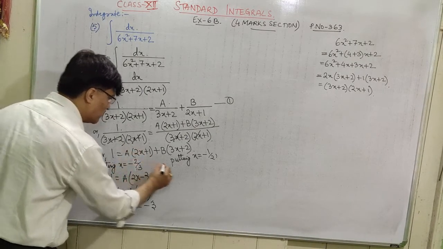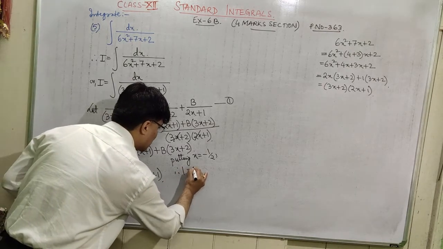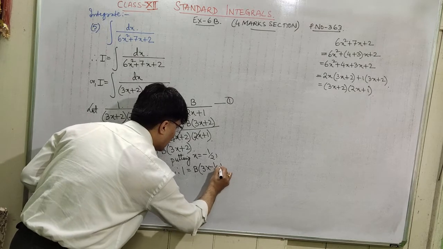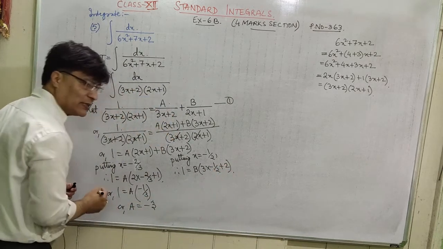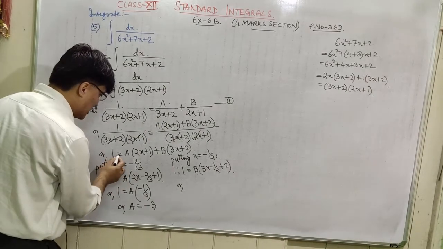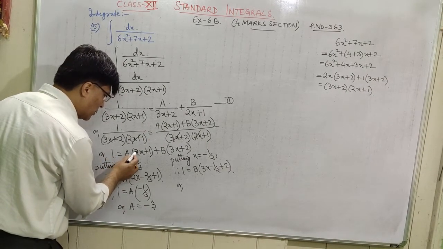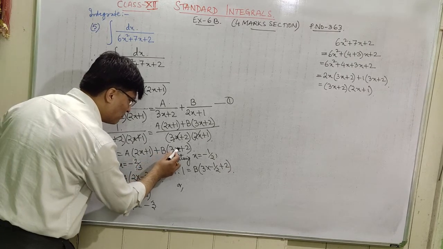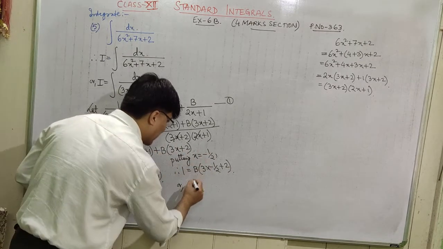So the first term is 0. Therefore 1 is equal to B into 3 into minus half plus 2, right? So this will be 3 into minus half plus 2. So what do we get?